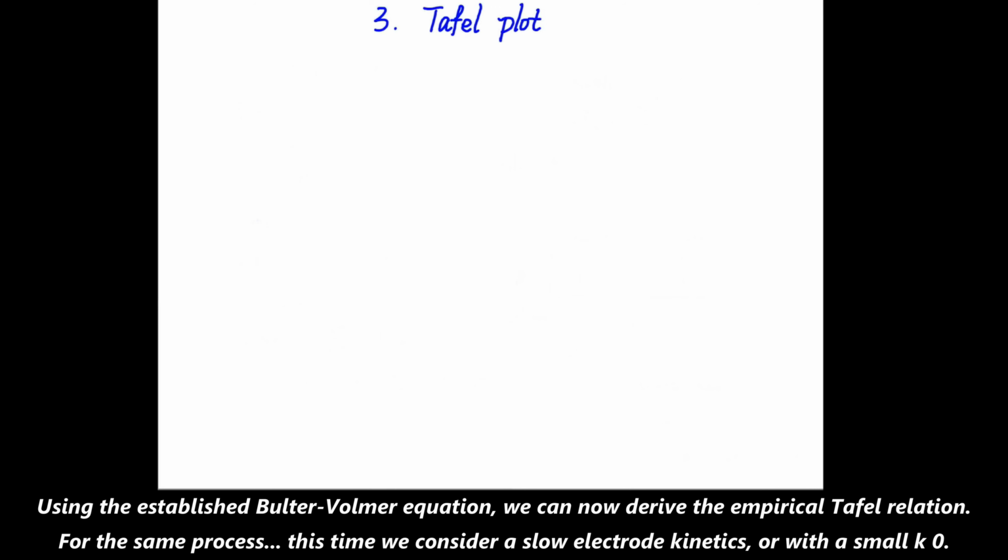Using the established Butler-Volmer equation, we can now derive the empirical Tafel relation. For the same process, and this time we consider slow electrokinetics, or a small k0.